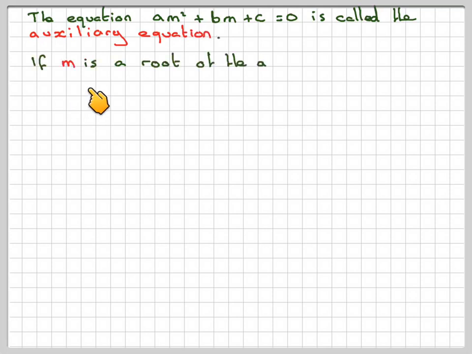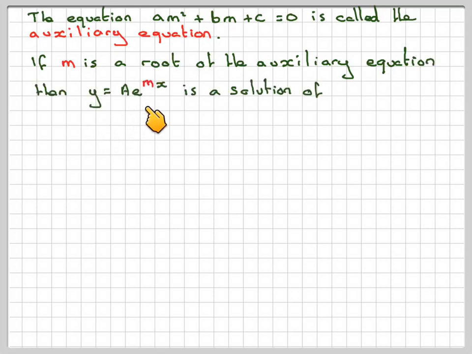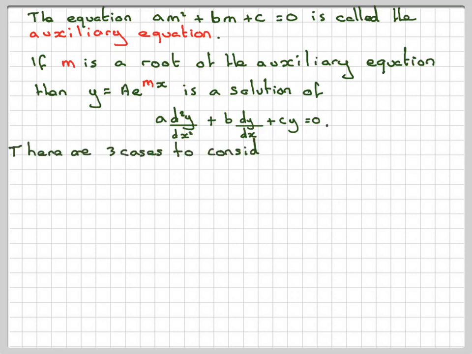If m is a root of the auxiliary equation, then y is equal to A e to the mx is the solution of a times the second derivative plus b times the first derivative plus c times y is equal to 0. There are 3 cases to consider, and we'll consider these in later videos, but this is what happens.